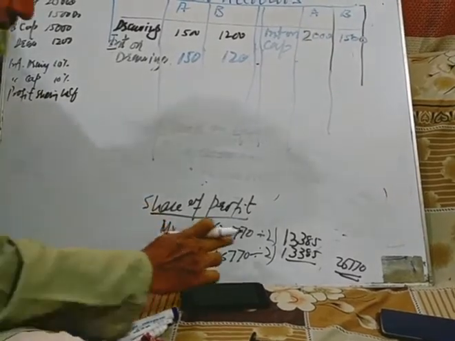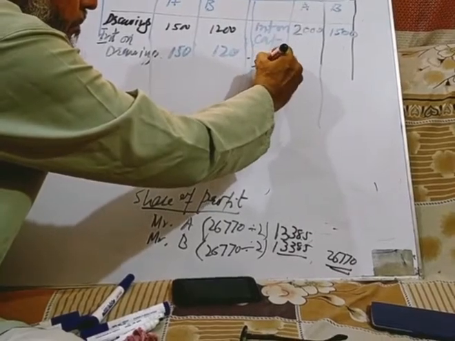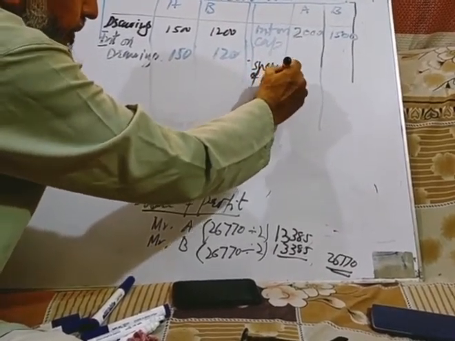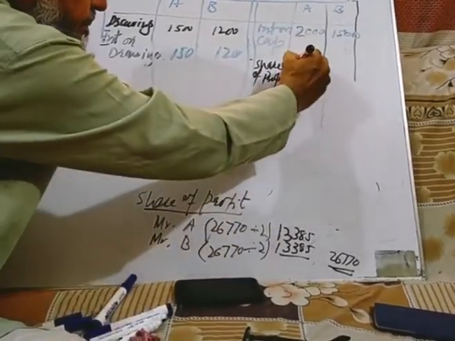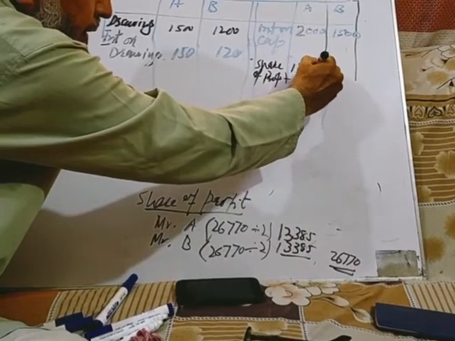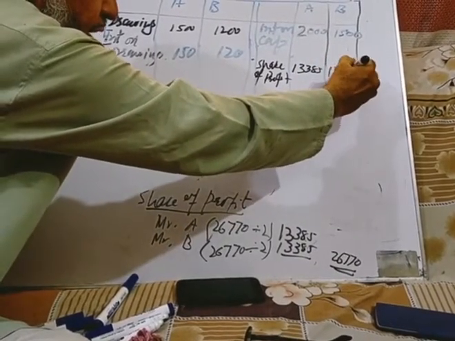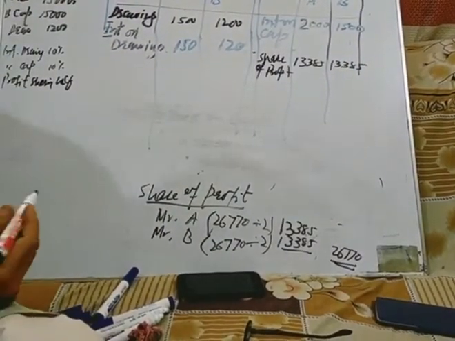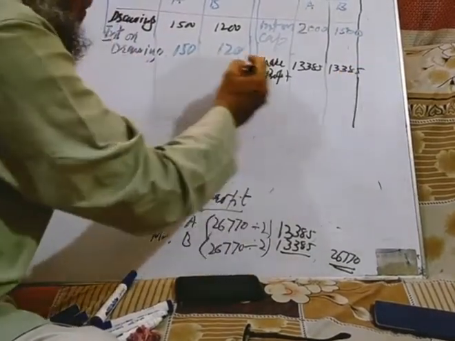Mr. A was given share of profit 13,385 and B was also given 13,385.